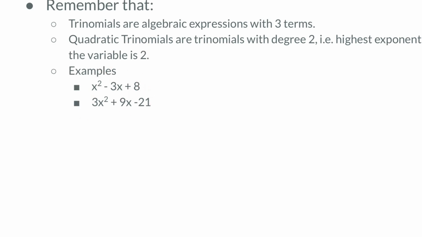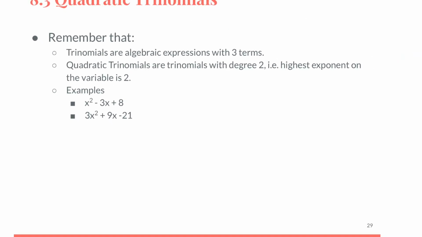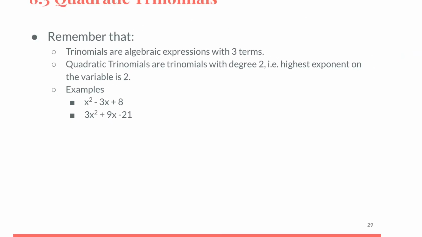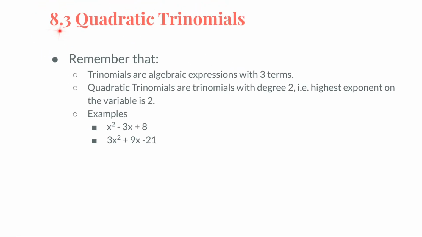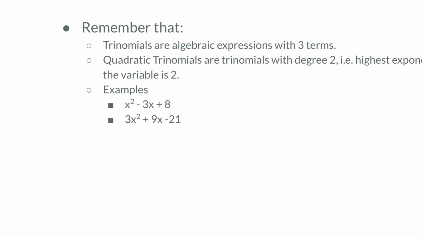This one. And at least in this particular section, we're going to look at how to factor expressions that look like this as opposed to this. Do you notice the main difference between these two expressions? Simple.